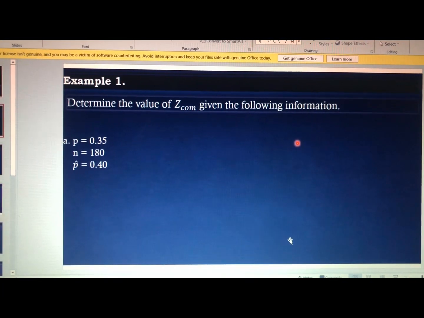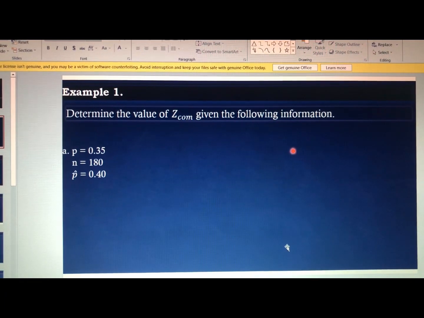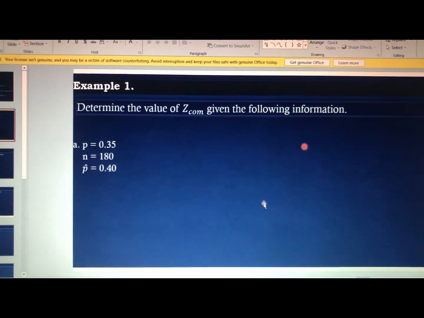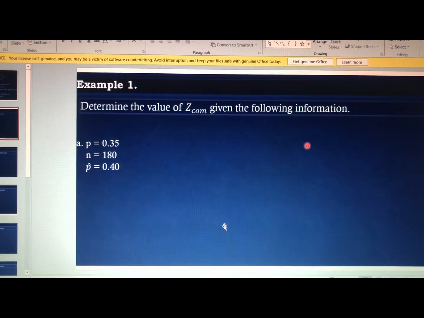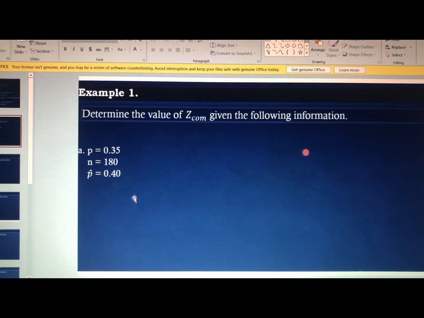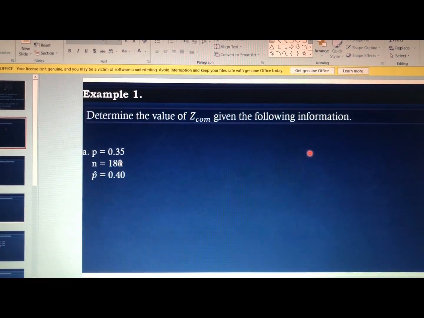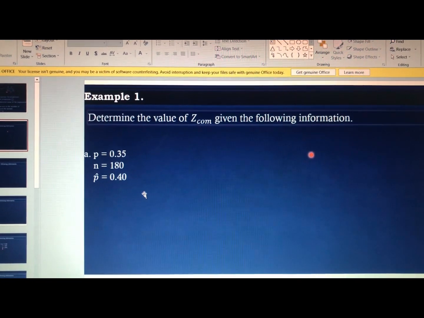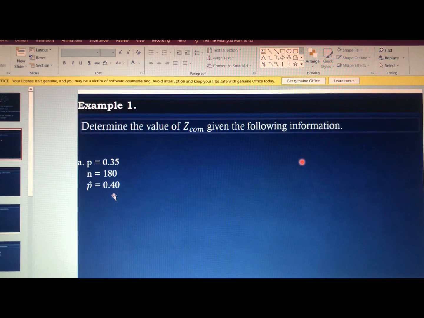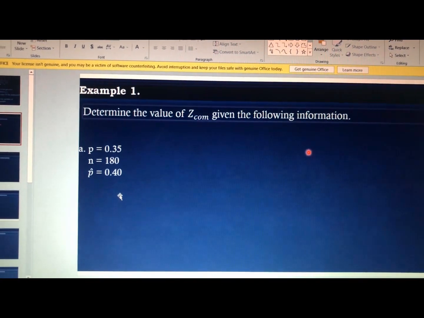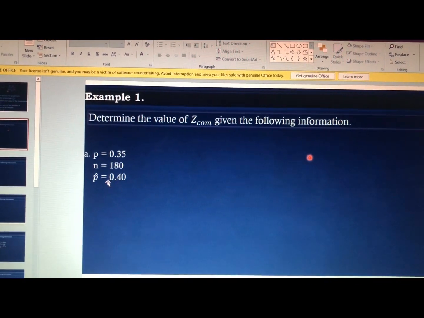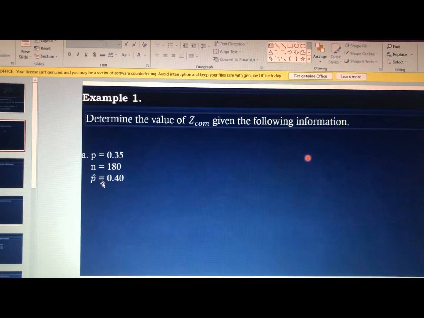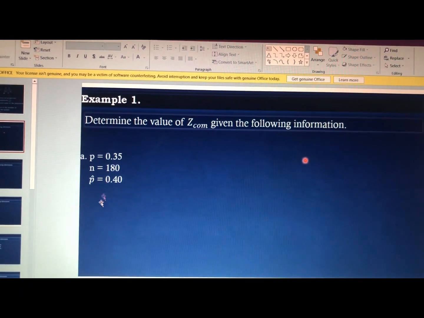For example, determine the z-computed value given the following information. The hypothesized population proportion is 0.35. N equals 180. Sample proportion is 0.40. So in order to compute the z-test computed value, kunin muna natin yung value ng Q natin.